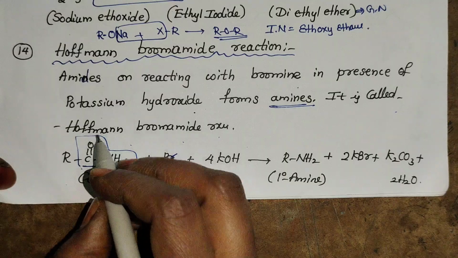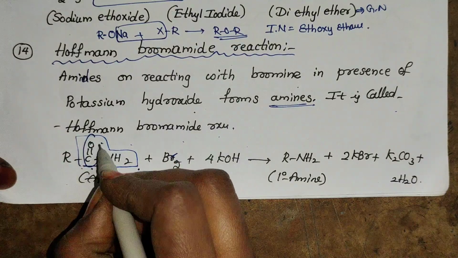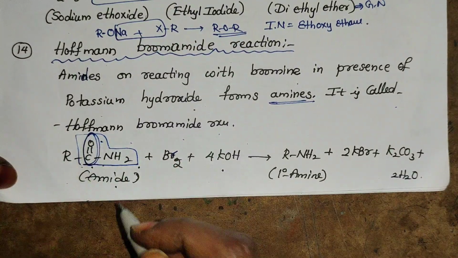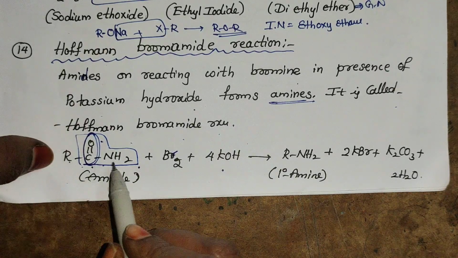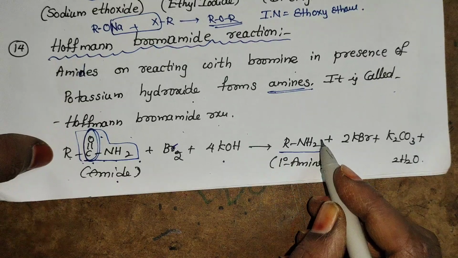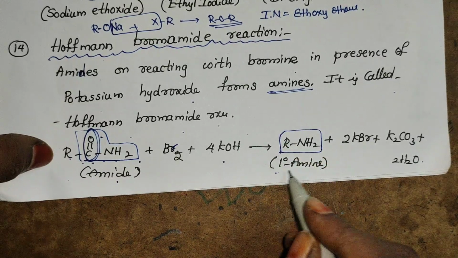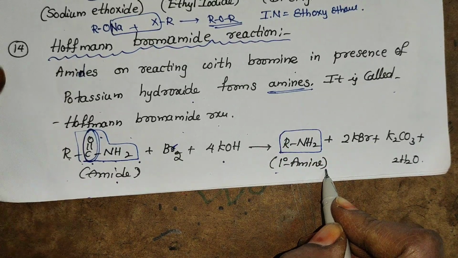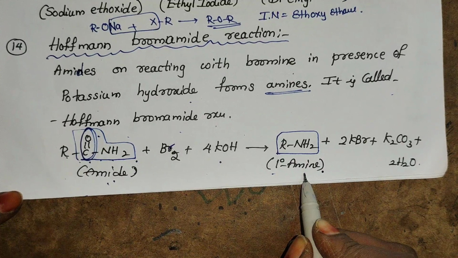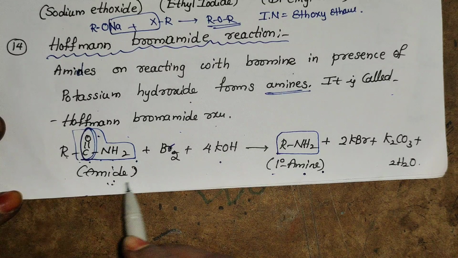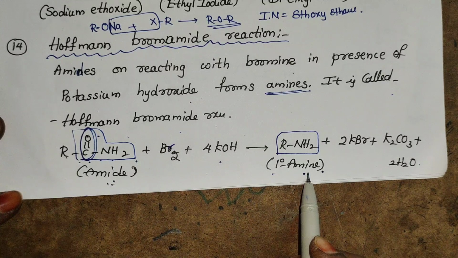Here look at this. This carbonyl group is eliminated. Here R and NH2 will make a bond, that is RNH2, nothing but a primary amine is formed. From amides to primary amine preparation.